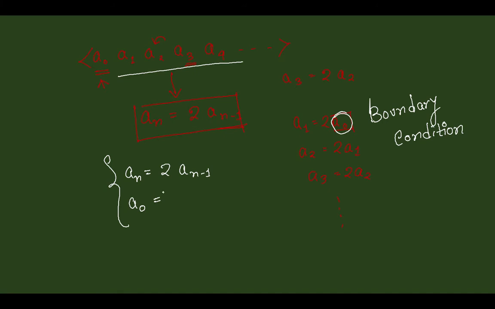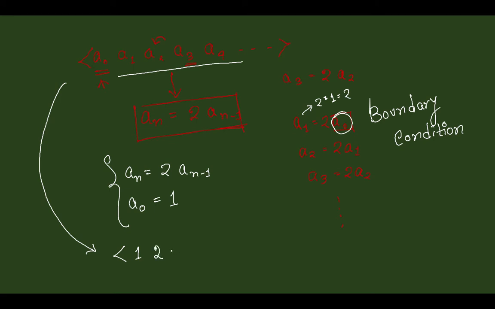Now if I define a0 is 1, then what would be the form of this recurrence relation? The form of this recurrence relation would be a0 is 1 and we know that a1 is 2 into a0 and that would be 2 into 1, that is 2. So the second term would be 2.